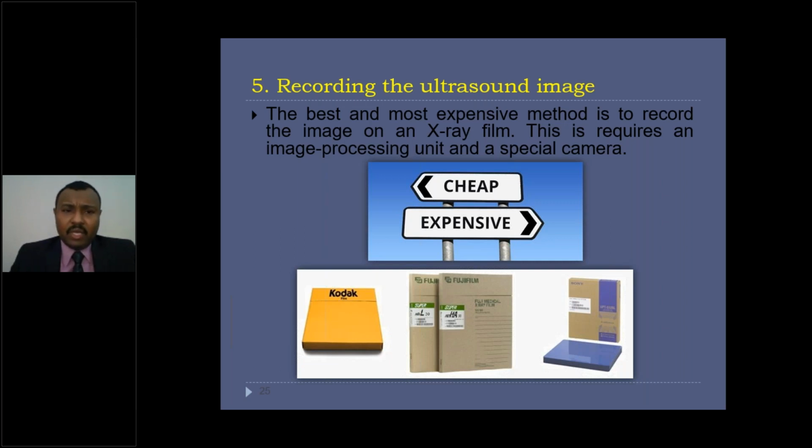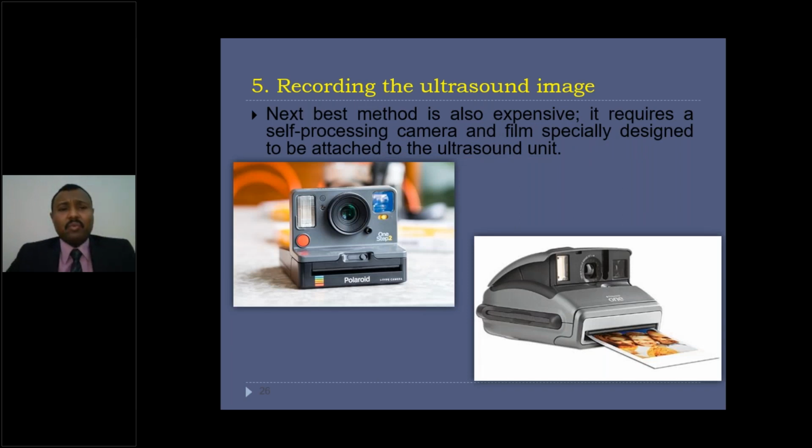So think of another way that is cheaper and more practical. Another form of recording your ultrasound image, which is the next best method but also expensive, requires a self-processing camera and film, and this should be attached.